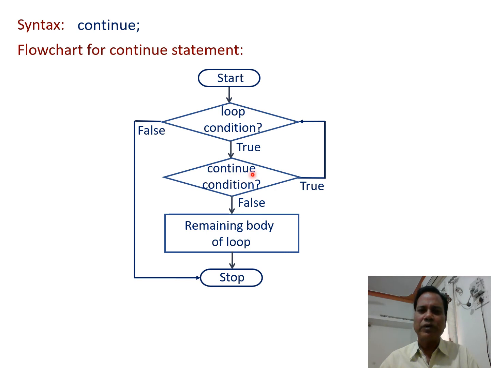Otherwise, if the continue statement condition is false, the remaining statements in the body of the loop are executed and then control goes to test the condition. So when the condition for the continue statement is true, the loop is repeated, skipping remaining statements in the body of the looping statement.